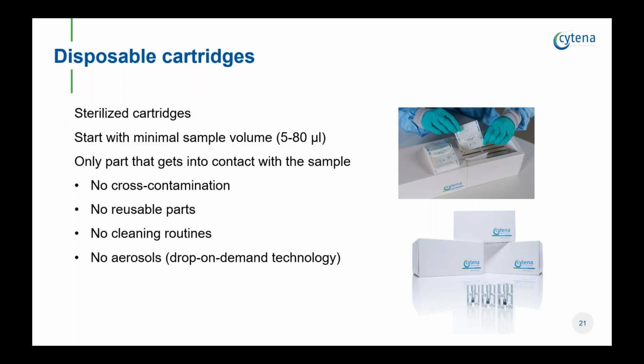So there's no routine cleaning procedure required, and no reusable parts that need to be exchanged. I already mentioned that compared to flow cytometry, we use a drop-on-demand dispenser, and there's no risk from aerosols generated by this dispenser, in contrast to methods that rely on continuous droplet breakup.